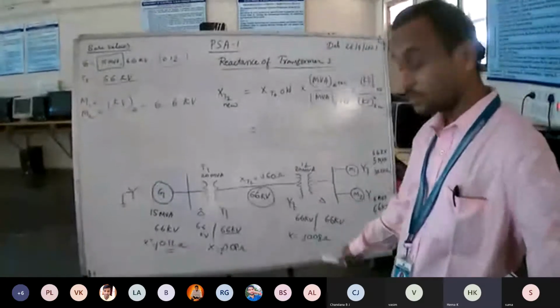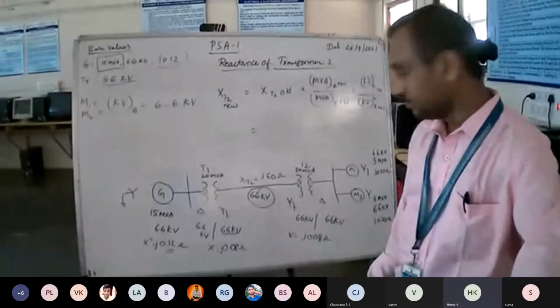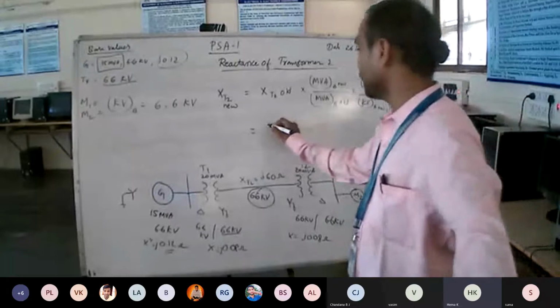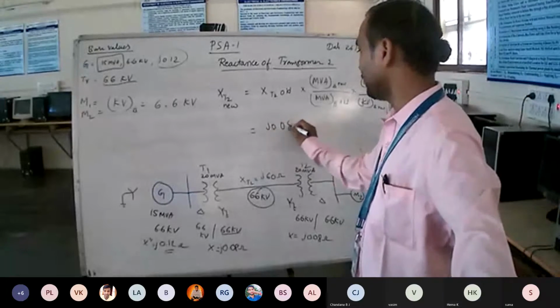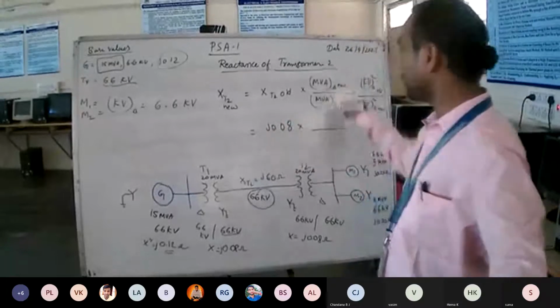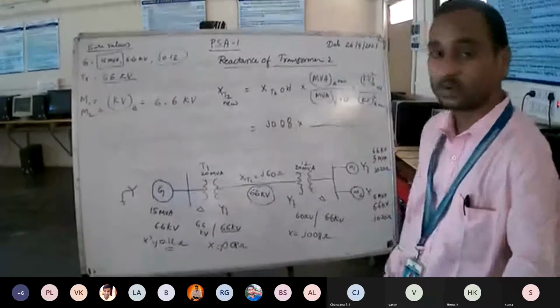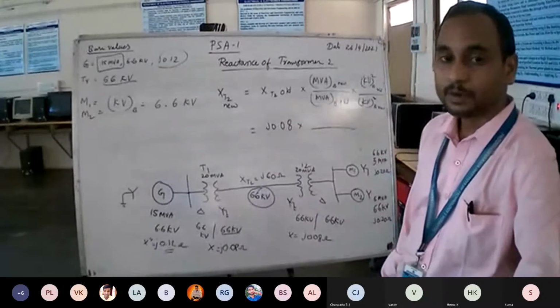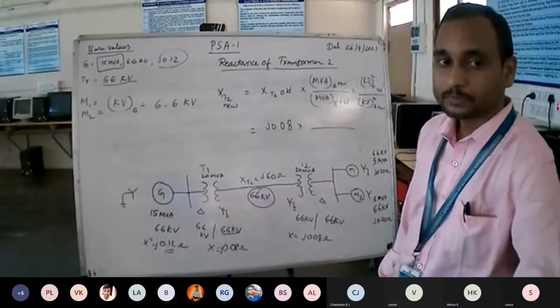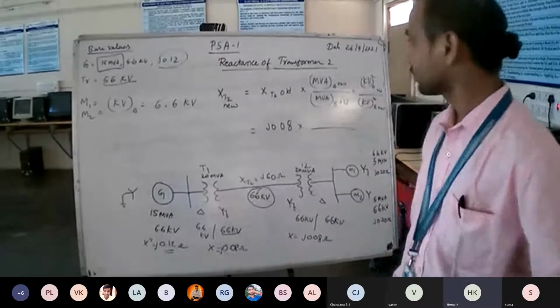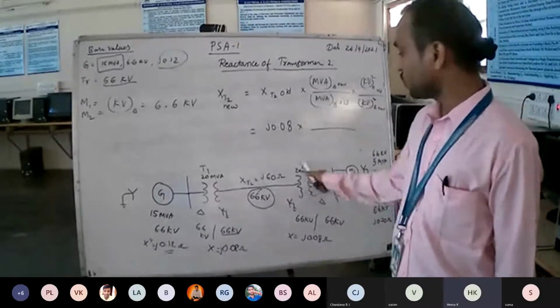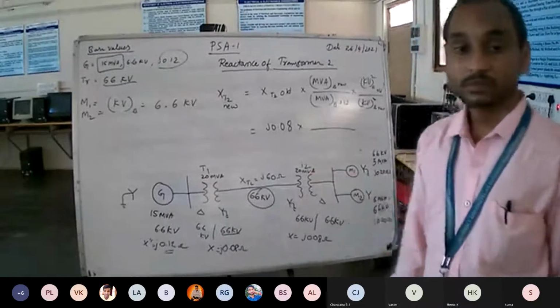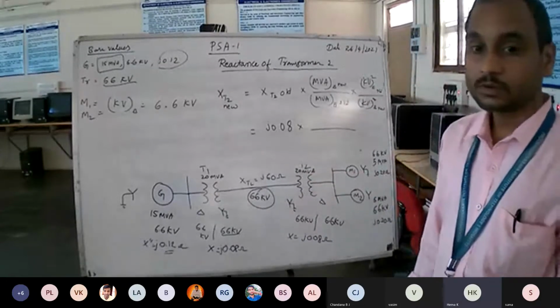XT2 old is j0.08, sir. J0.03. And what is the new MVA base for transformer 2? Hema, continue. 20 MVA, sir.